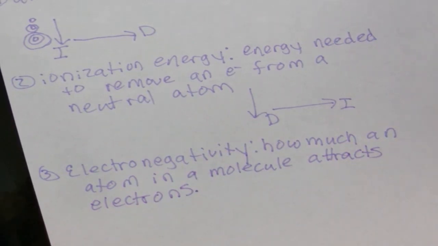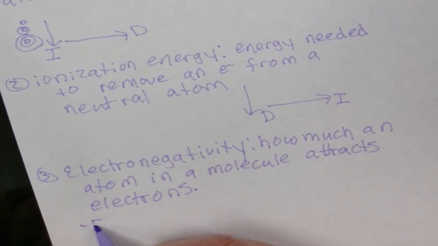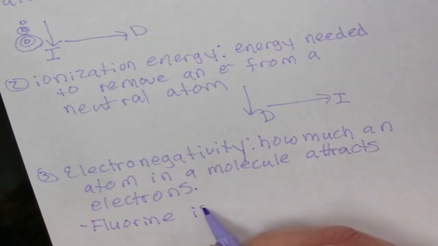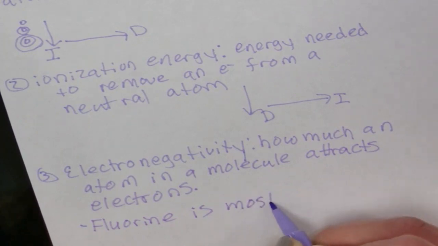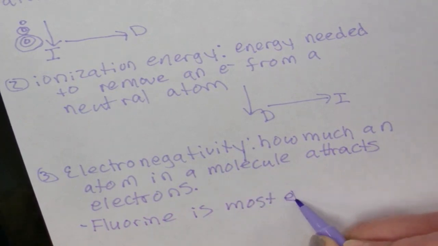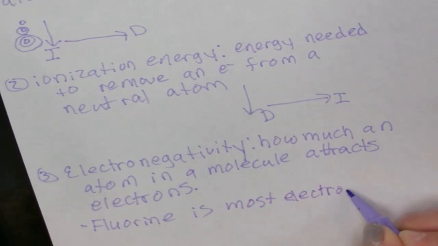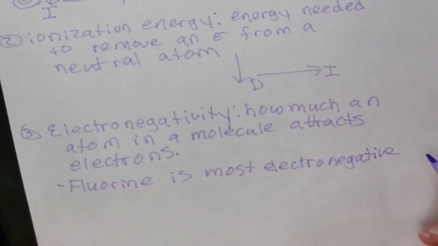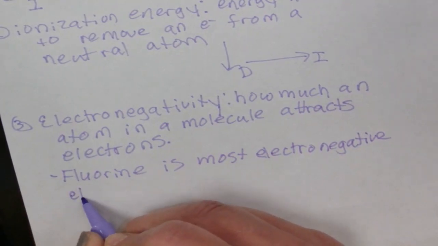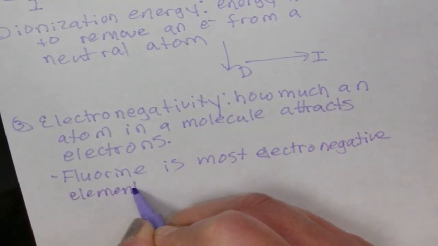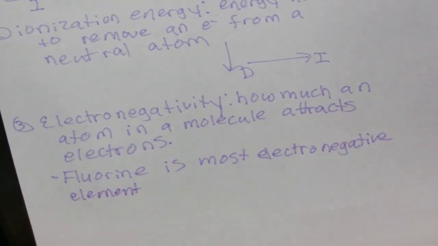And this is going to be like a tug of war. Now, fluorine is our most electronegative element. All right, the most electronegative element. Now, let's talk about what this tug of war means.